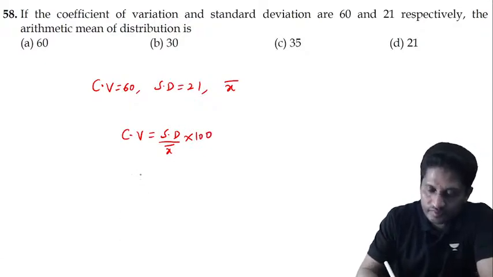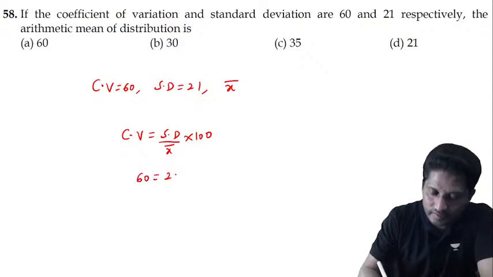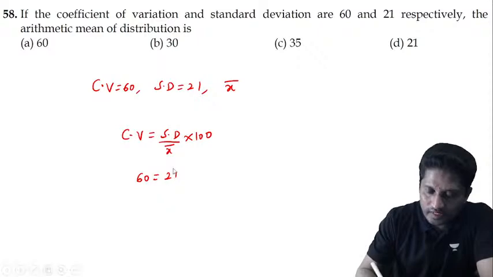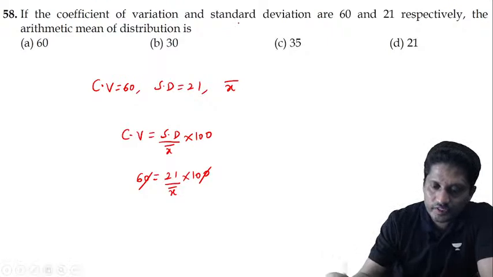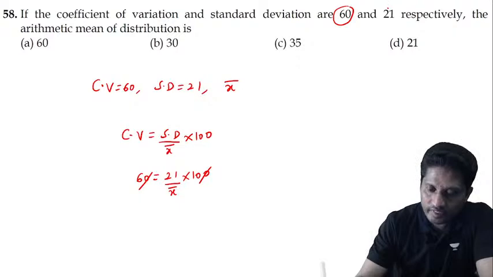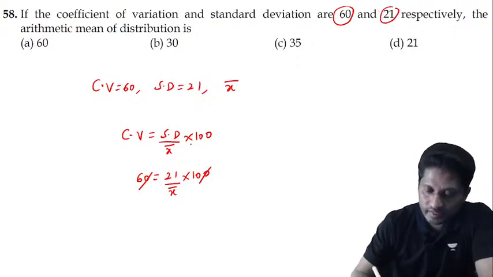So coefficient of variation is 60, standard deviation is 21, standard deviation by mean into 100 is the coefficient of variation. So coefficient of variation is 60.